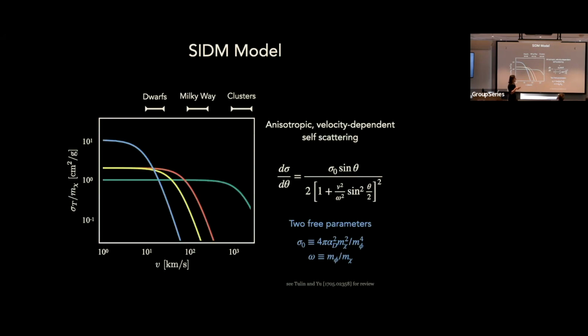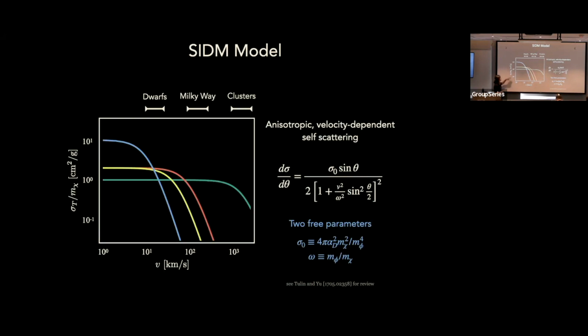There's the sigma naught, which depends on the fundamental parameters in the theory in this way. And there's this omega, which is a velocity scale, and it depends on the fundamental parameters in that way there. So whether or not the self-interactions are going to be relevant for the system you're interested in depends on what the sigma naught and the omega are.